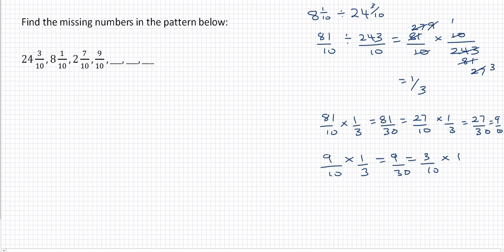We multiply by 1 over 3, which is 3 over 30, which gives us 1 over 10. And then 1 over 10 multiplied by 1 over 3 is 1 over 30. So now we have 9 over 10, then 3 over 10, 1 over 10, and then 1 over 30.